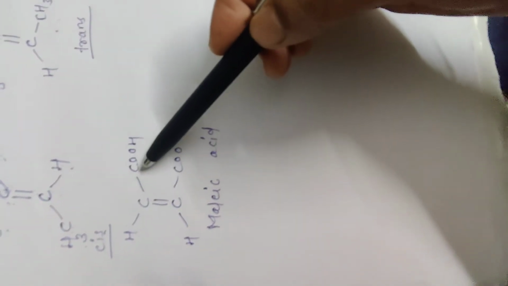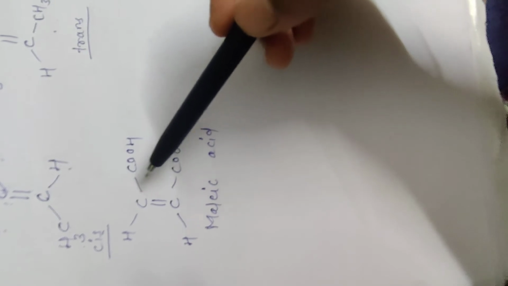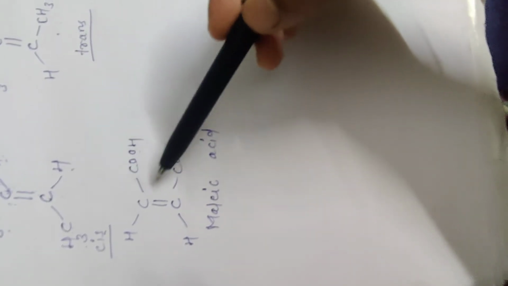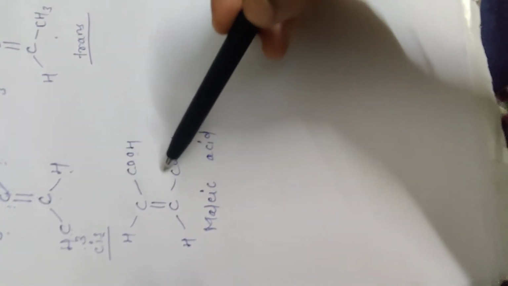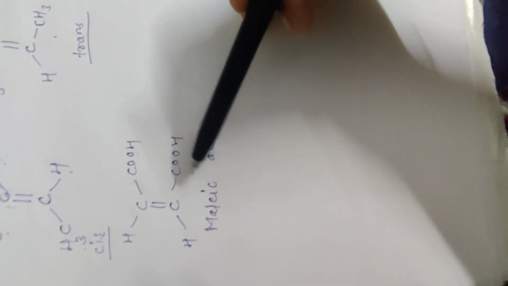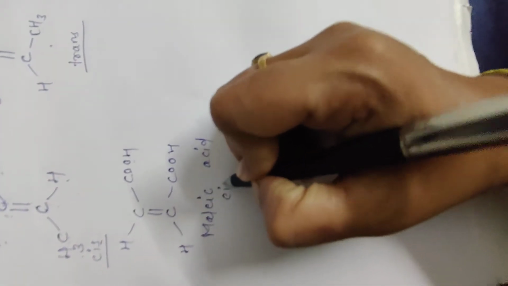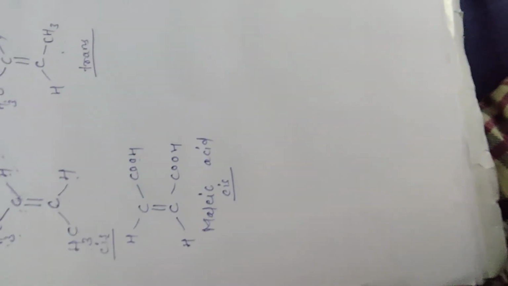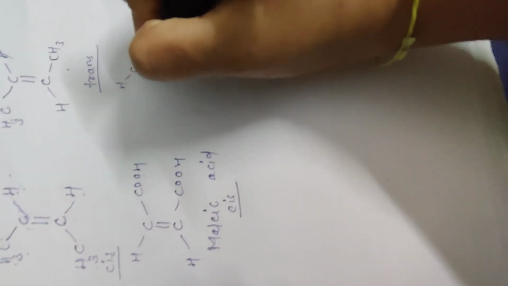Now you can see here, according to the law of geometrical isomerism, as the same groups are on the same side of the double bond, we call it a cis compound. So it is the cis isomer of maleic acid. We can write another isomer like this.